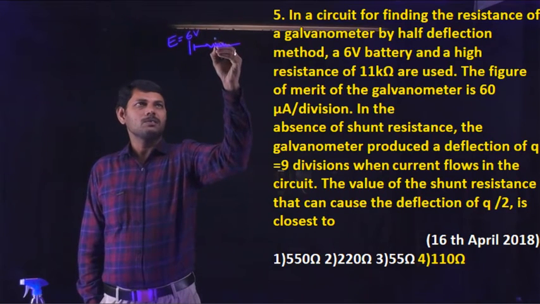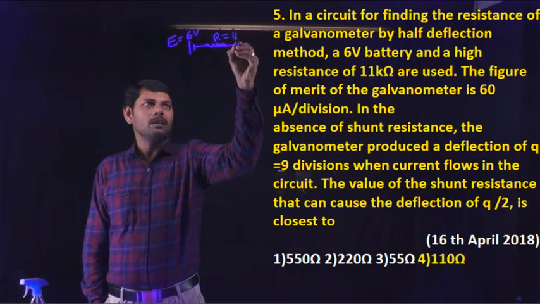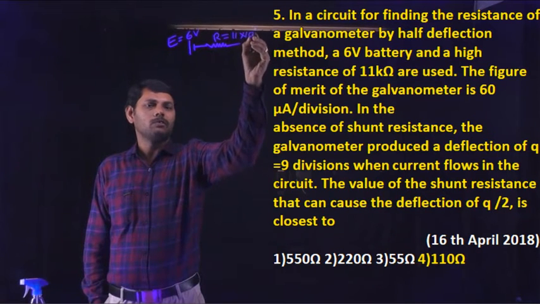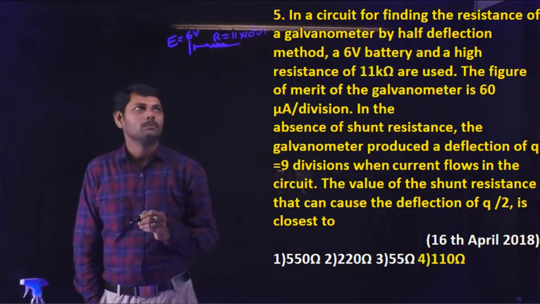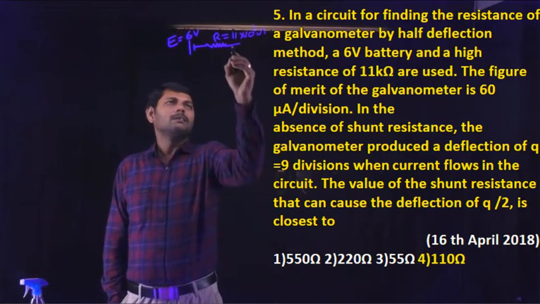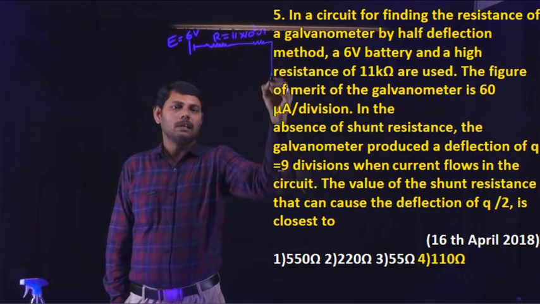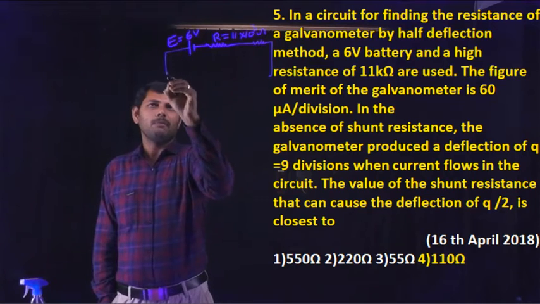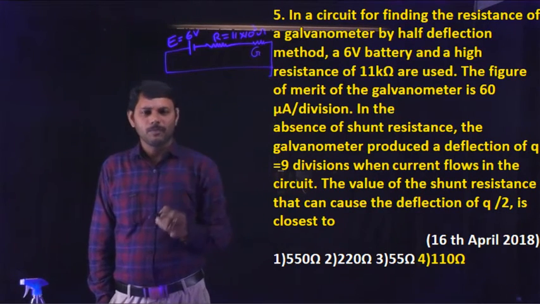And the resistance of the series resistor is 11 kilo ohm, 11 into 10 power 3 ohm. Here we have a galvanometer in series with it. This is the primary circuit, with the galvanometer of resistance G.